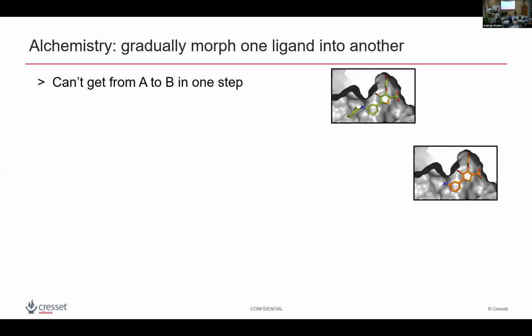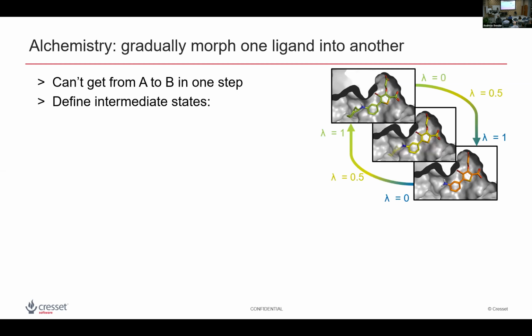Luckily, though, we're not limited by the real chemical space. So what we can do is define a lambda value that can take values from 0 to 1. If lambda is 0, then I am in molecule A. If lambda is 1, I'm in molecule B. And for the values that lambda takes in between, we have these alchemical intermediate states.